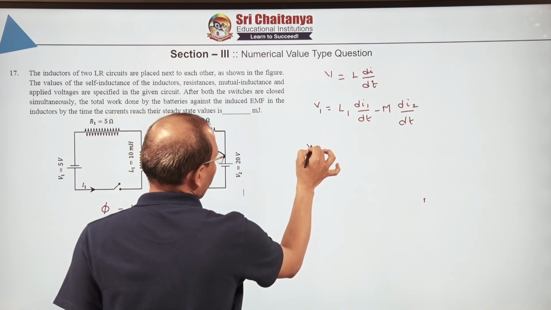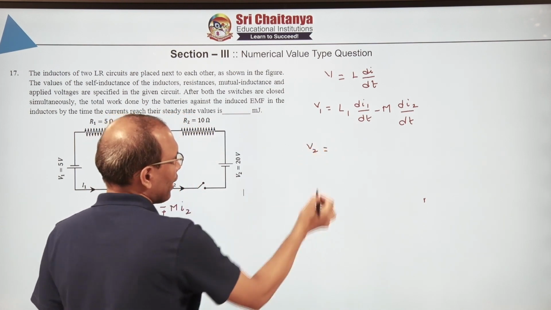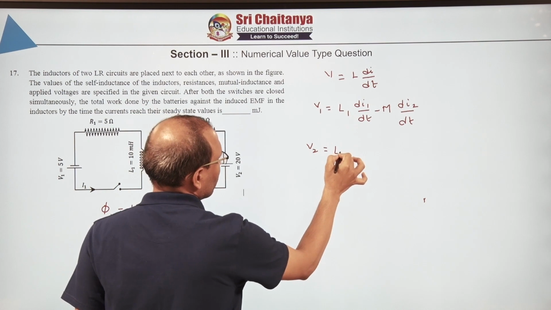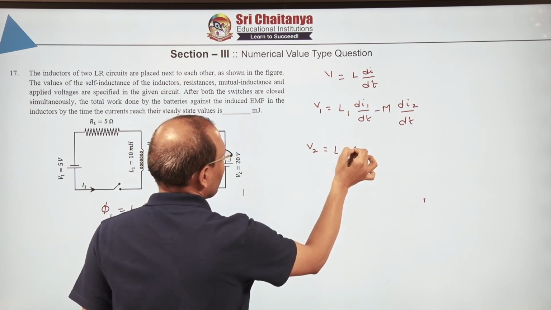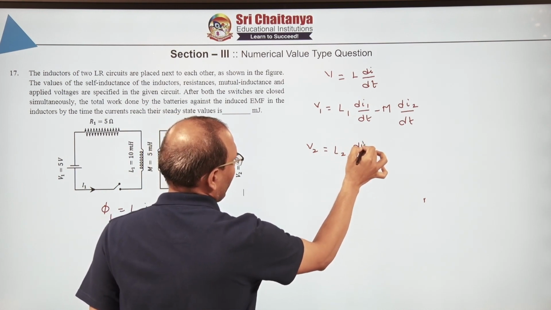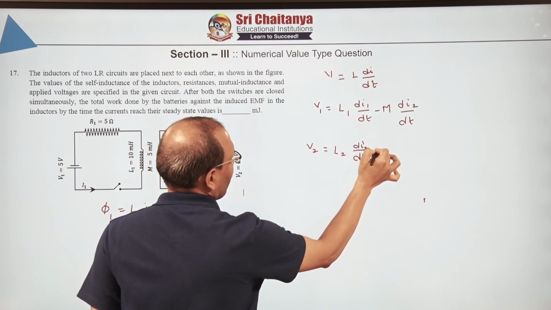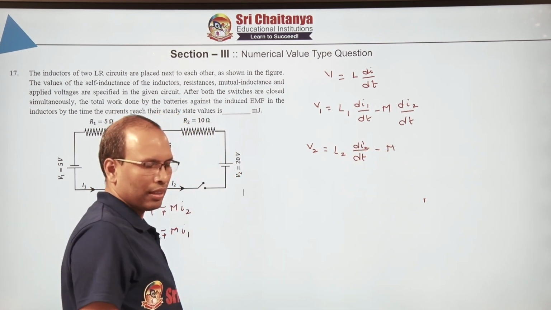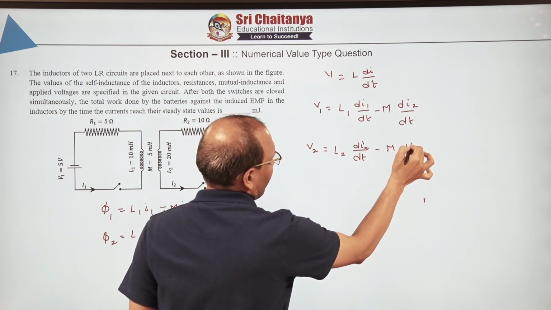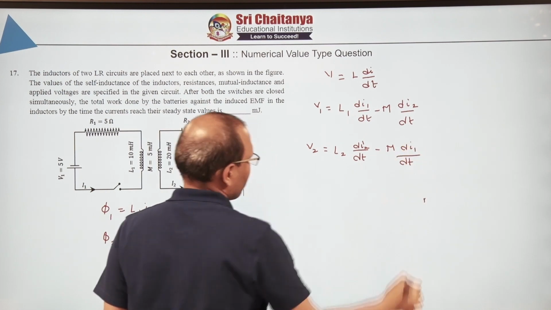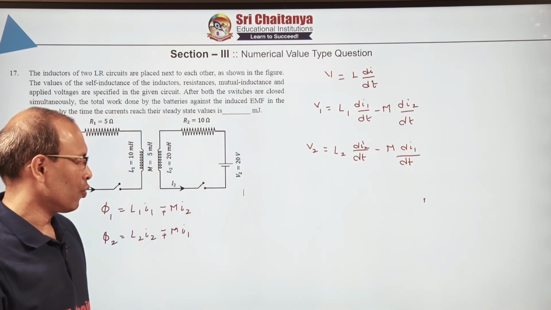Similarly, V2 can be written as L2 di2/dt minus M di1/dt. This is the relation between V1 and V2.